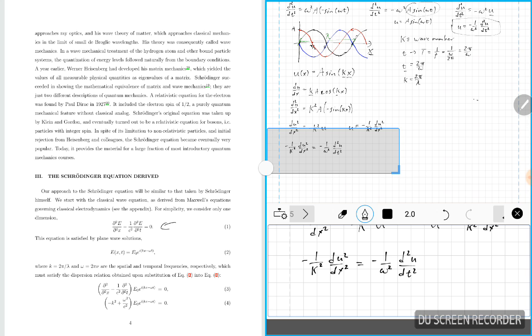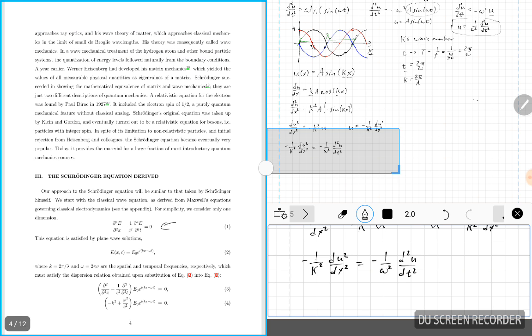We can cancel out our negatives, or we can write them both on the same side of the equation as they did over here.